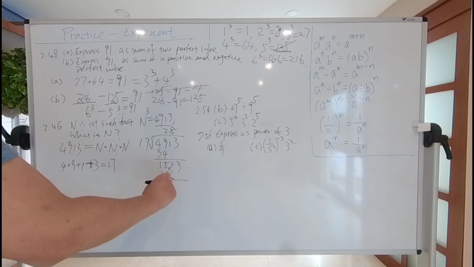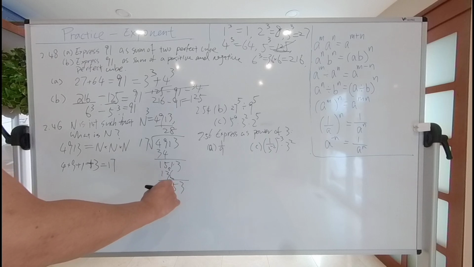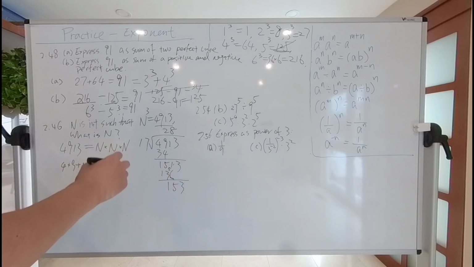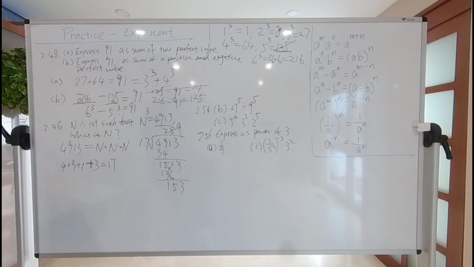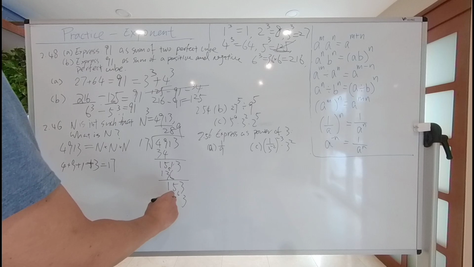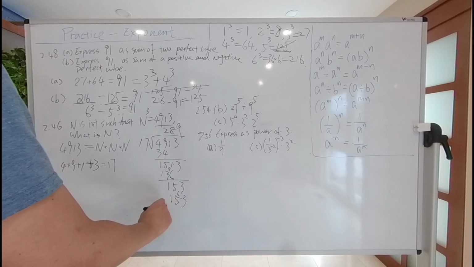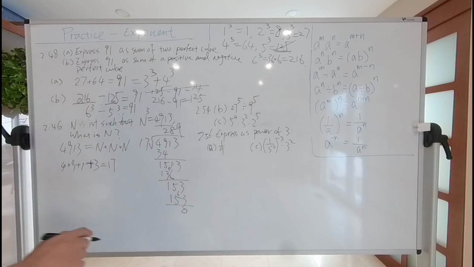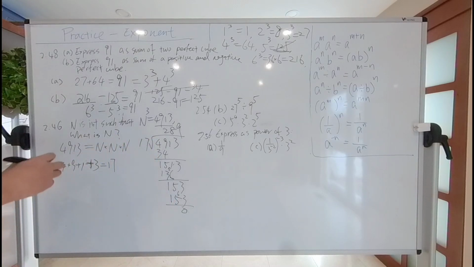It's 1, 5, 3. It's 9. 63, and then 9 plus 6 is 15. So yeah, it's exactly true that this number first can be divided by 17.